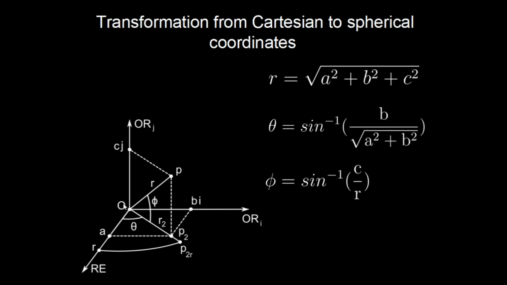R sine phi is C. And we have this for angle phi. With this transformation, we can obtain r, theta, phi from Cartesian coordinates A, B, C.